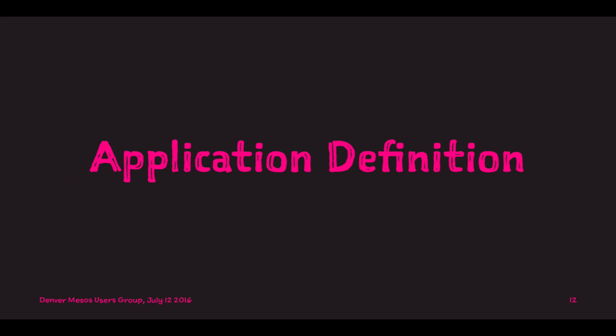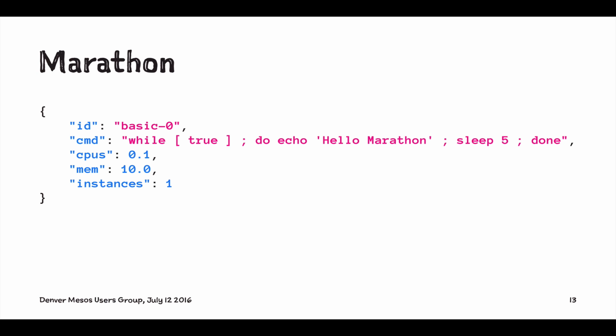So next we're going to look at a couple of application definitions. Now, I know that Marathon and Aurora sort of compete. I've always used Marathon, so I'm just going to go with Marathon. We're going to call an app basic-0, and this is pulled straight from the Marathon documentation. I'm just going to run this shell command: while true, echo hello Marathon and sleep 5 seconds. And you're done, right?